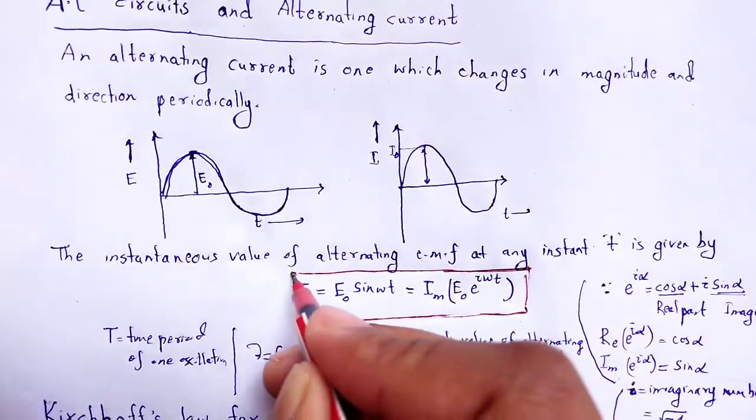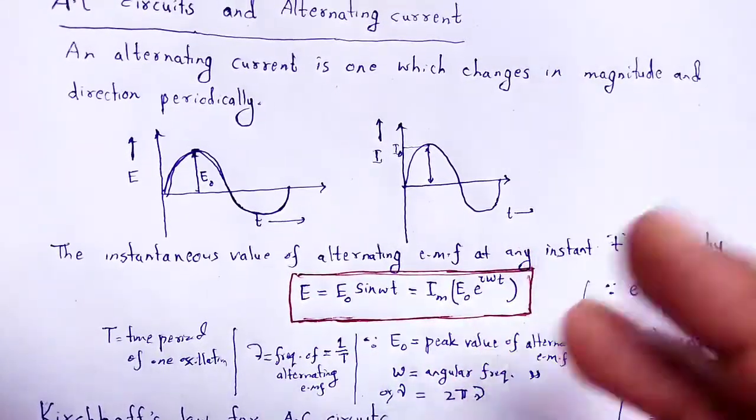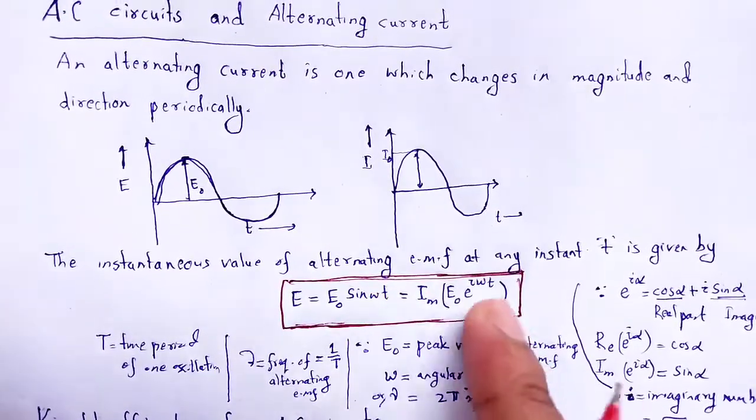That is the representation of an alternating EMF. Similarly, an alternating current can be written. These are the terms.